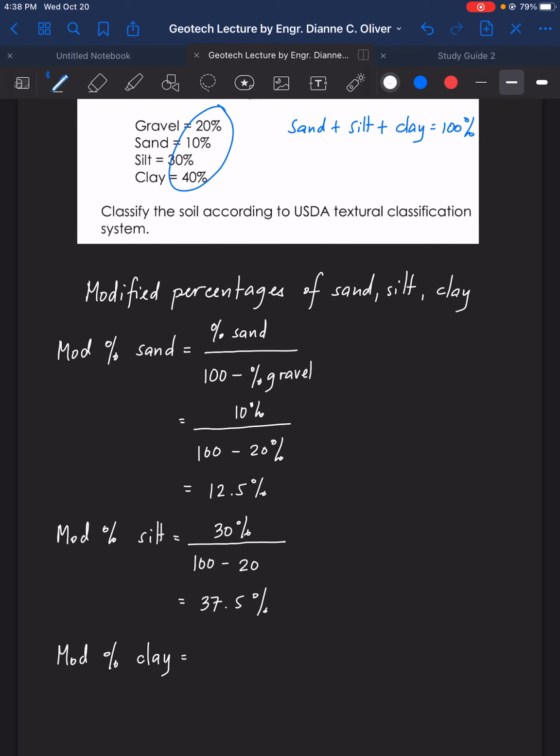Percent of clay is 40%, all over 100 minus percent gravel, 20. So that is equal to 50%. Okay? So we now have here the percent of sand, percent of silt, and the percent of clay.